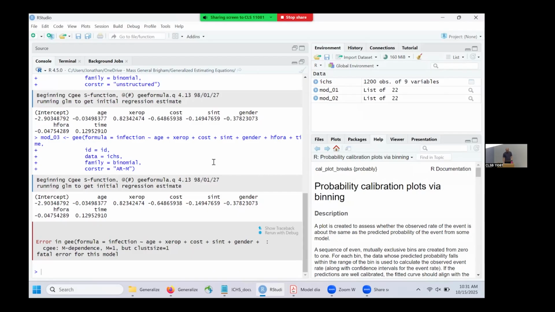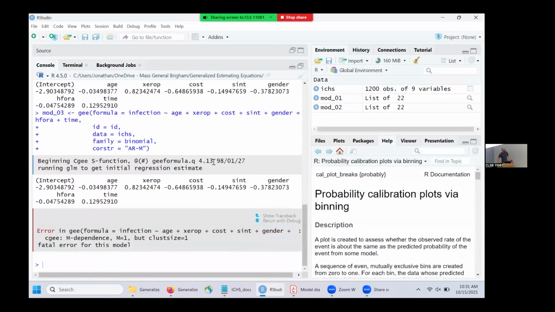Cluster size equals to 1. So there must have been a child who was only observed once. The assumption for this is the autoregressive 1 model. I don't know why this was a fatal error. It seems like the function could have just eliminated children who only had 1 observation.